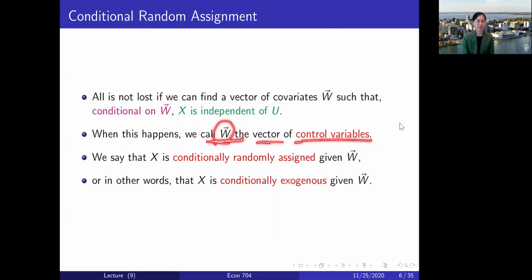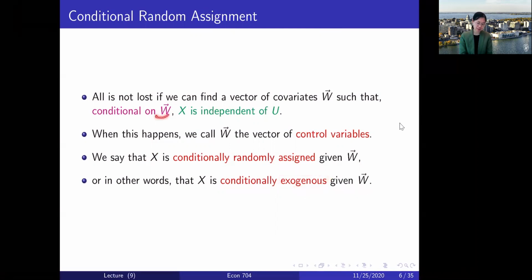Okay. Varying X is independent of varying U. If that is the case, we say X is conditionally randomly assigned given W. Or in other words, X is conditionally exogenous given W. So exogenous is opposite to endogenous.